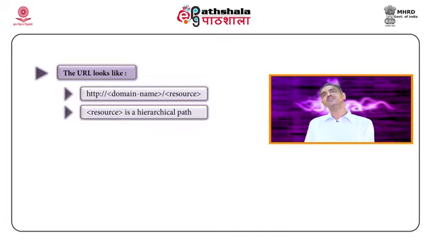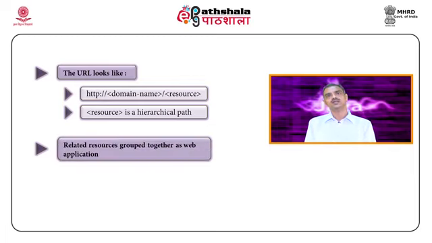Now here, after the first slash, whatever is there, it's nothing but a group of URLs. So, slash and then that name is indicative of a web application. All those URLs which have this common name after a slash.